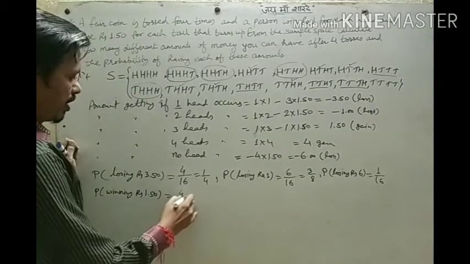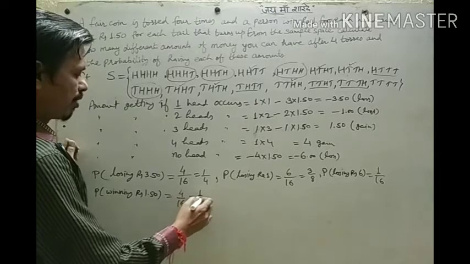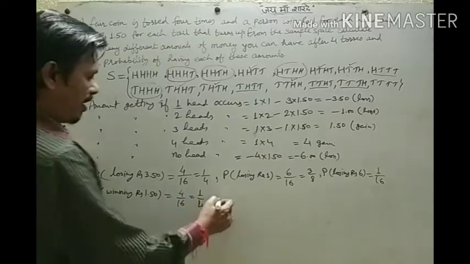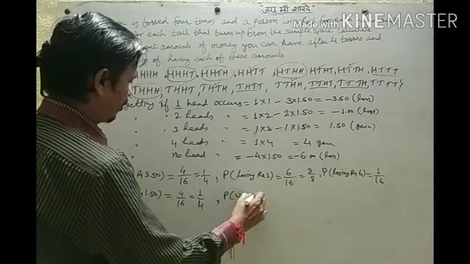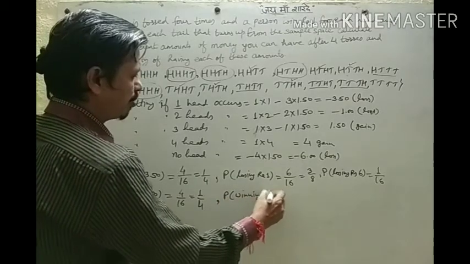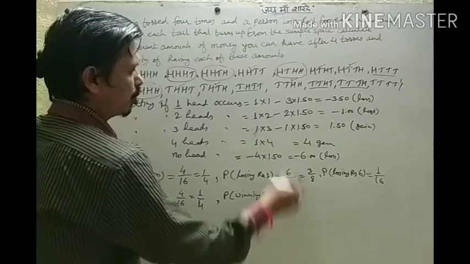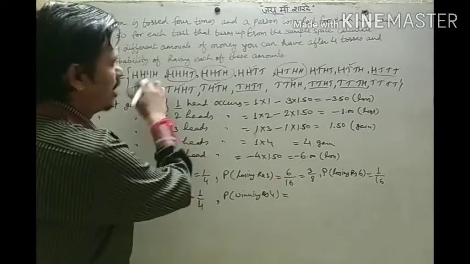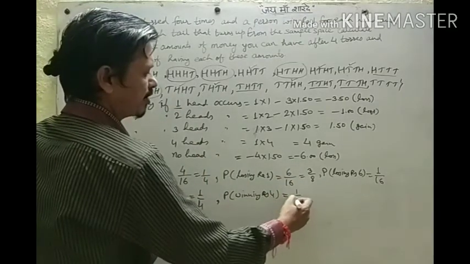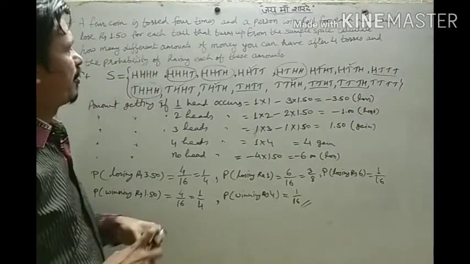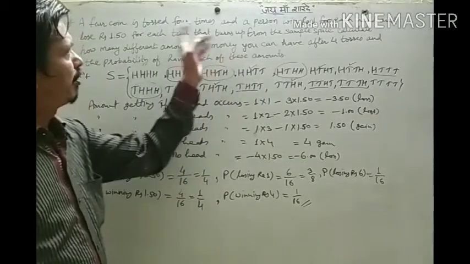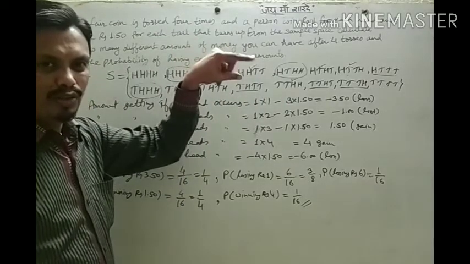So 4 by 16 is 1 by 4. And last, the probability of winning 4 rupees. 4 rupees means all 4 heads, and all 4 heads occur only once. 1 by 16. Okay? So for this, first find the sample space of tossing 1 coin 4 times.